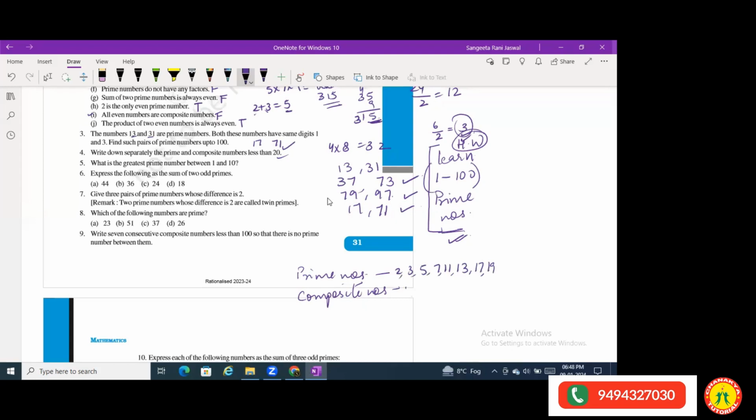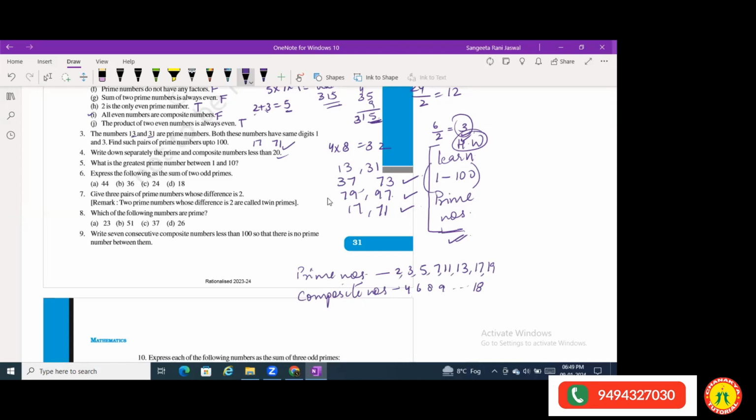Like this, you can write all composite numbers: 4, 6, 8, 9, 10, 12, 14, 15, 16, 18, till 20. Ma'am, I left 1 because it's neither prime nor composite.